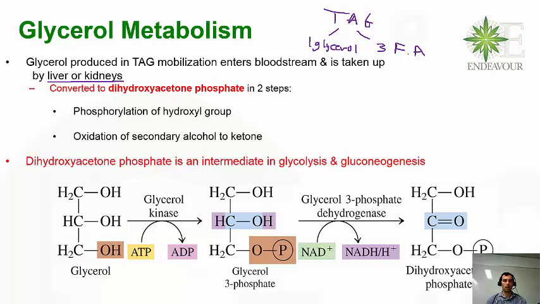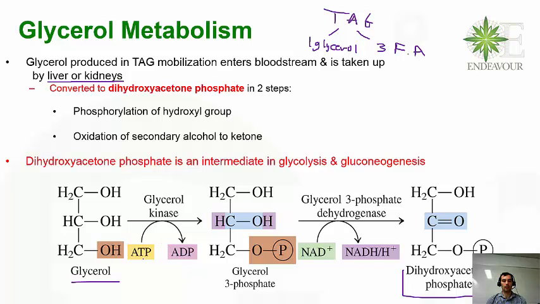So in these organs, we have the enzymes present that can convert our glycerol into dihydroxyacetone phosphate. So this is a two-step reaction. Firstly, we have to phosphorylate our glycerol, turning it into glycerol 3-phosphate, and this costs us an ATP.